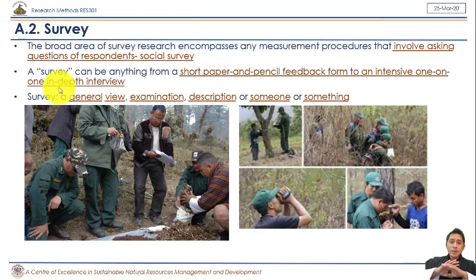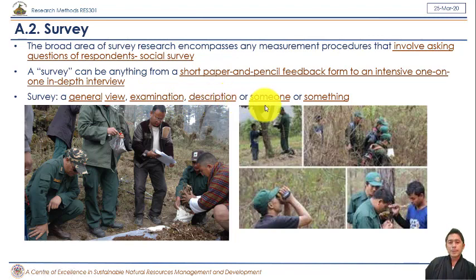Basically, a survey is any description where you go to a place and you describe something. And in general, the other kind of survey, not the social survey, a general survey is basically a general overview, examination, or description of someone or something.